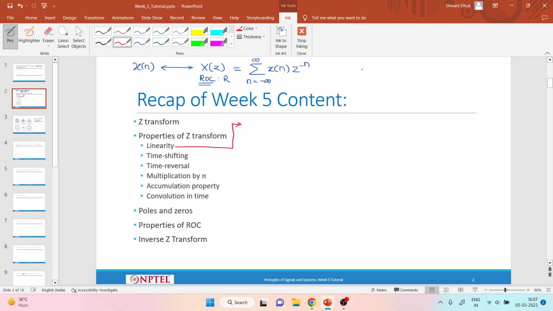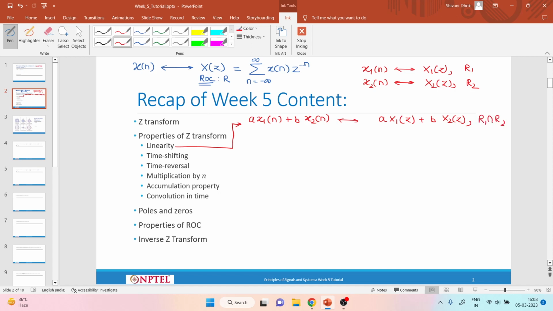That is, let's say if x1 of n has Z transform x1 of z and region of convergence R1, and x2 of n has Z transform x2 of z with region of convergence R2, then a x1 of n plus b x2 of n will have a Z transform a times x1 of z plus b times x2 of z, and the region of convergence is basically intersection of these two regions of convergence.